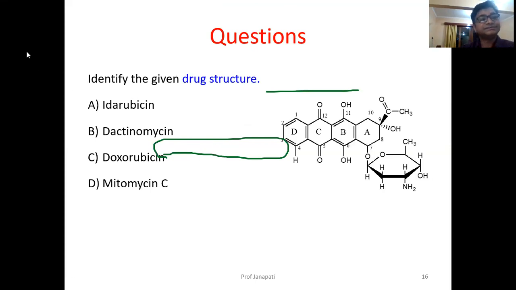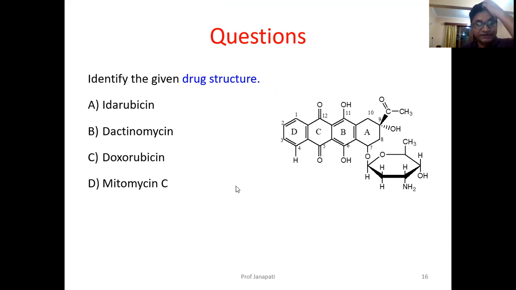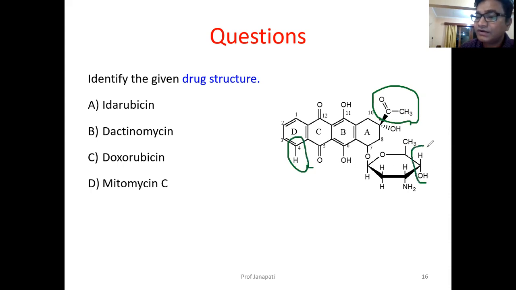Now, please identify what is the drug structure given here. What are the main important things you need to check? You need to check at the 9th position what functional group is present, and the sugar at the fourth position. These you need to check. There is no hydroxyl group, so it is not doxorubicin.